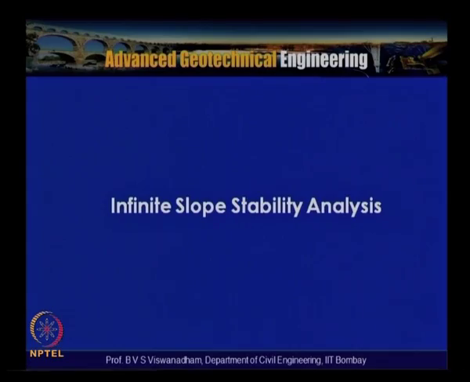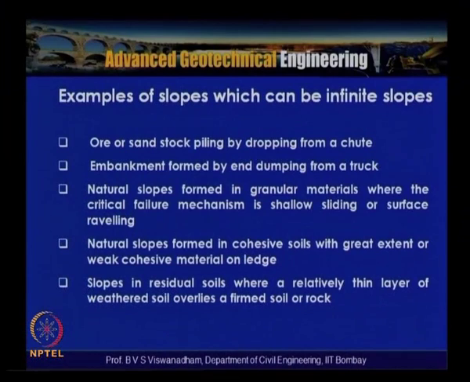So, before discussing the finite slope stability analysis methods, let us look into the infinite slope stability analysis method. Particularly, in infinite slope stability analysis, these slopes can be natural or man-made. The examples of slopes which can be infinite slopes are given here.